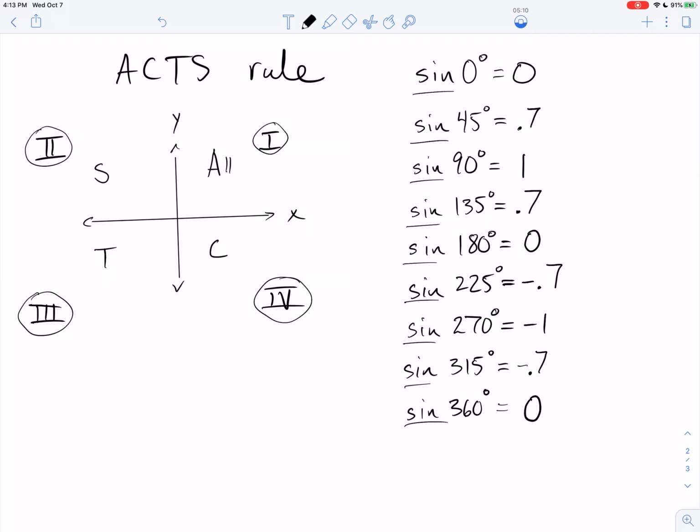Now this is the way it's written in our book. But I got to tell you, I borrowed a trick from my friend Miss Quigley on this. She always says, instead of ACTS rule, she says, all students take calculus. All students take calculus. But it doesn't spell the word ACTS then. It's ASTC. So it sounds a little bit weirder.